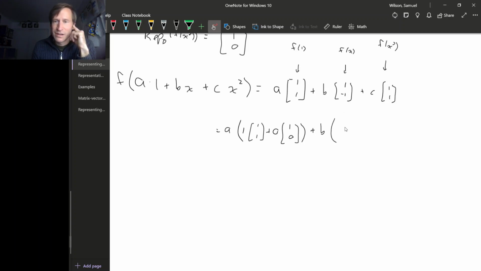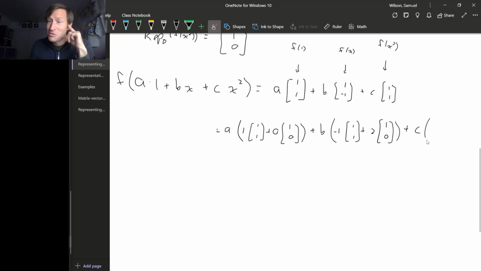We said it was minus 1 times (1, 1) plus 2 times (1, 0), right? That is what we said? Yes. Okay, plus c times, and now write (1, 1) in terms of the basis vectors, which we already know how to do. So this is 1 times (1, 1) plus 0 times (1, 0).